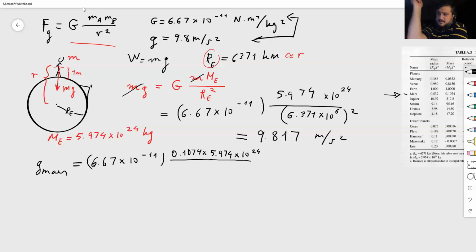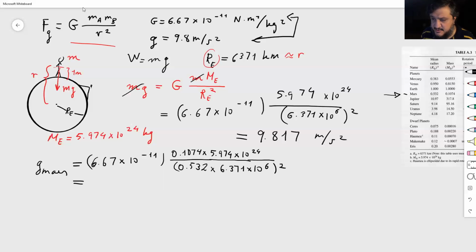And what about the radius? 0.532 times Earth's radius, 6.371 times 10 to the 6, squared.